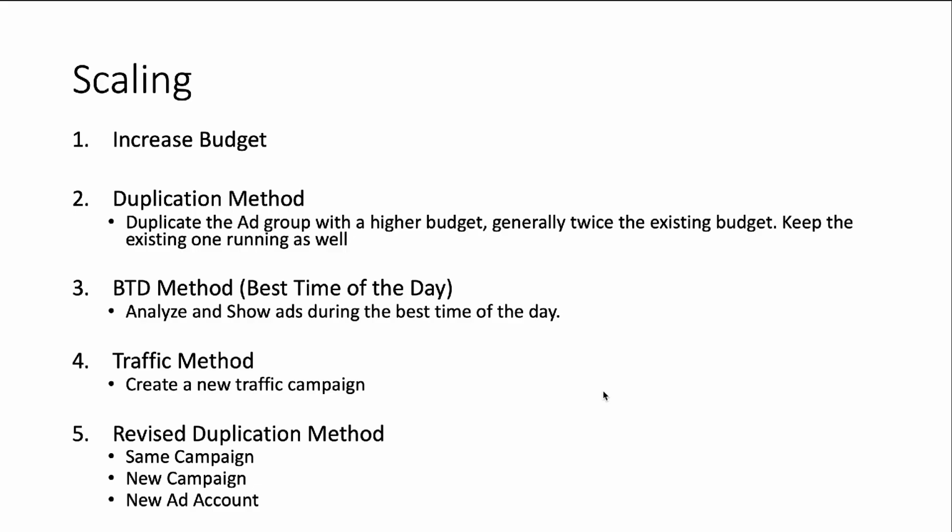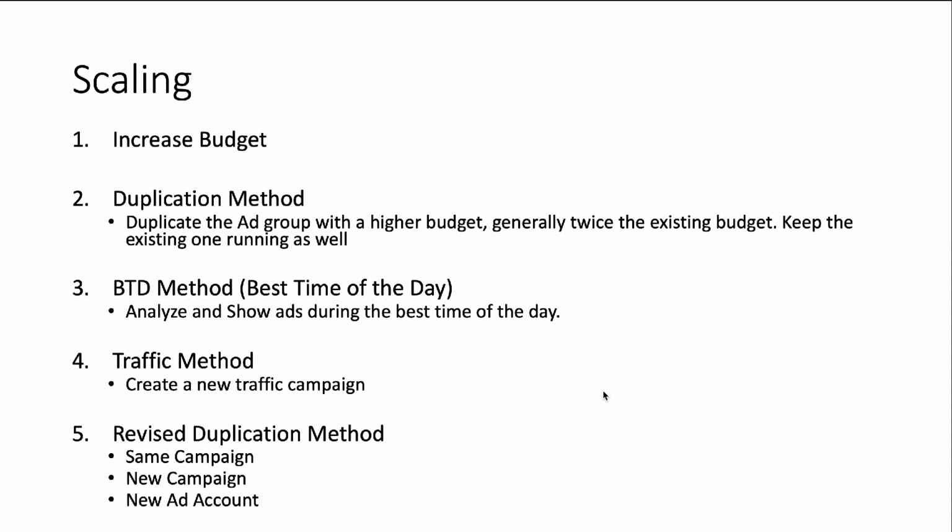Now let's say you want to scale very aggressively, you have a sale, it's a limited time period offer, so you want to reach the maximum people possible. Now if you change the budget from 2000 to 4000 directly, the optimization will take a drift, and probably your ads will not be as profitable as they were.